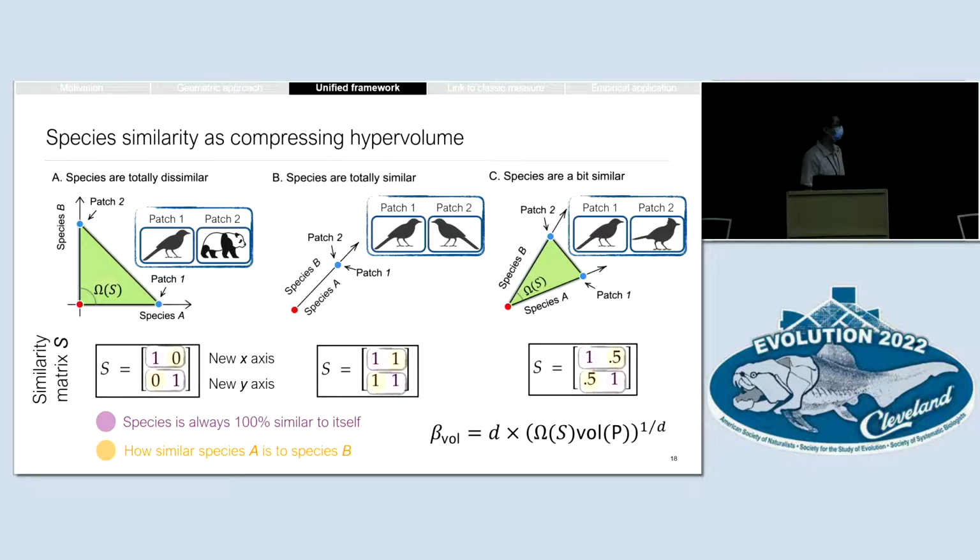So formally, we need to make only one small modification to the definition. We simply need to consider how much the similarity matrix compresses the hypervolume. And we have developed a very efficient mathematical framework to account for how the similarity matrix compresses the hypervolume.